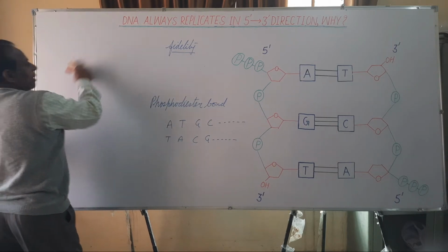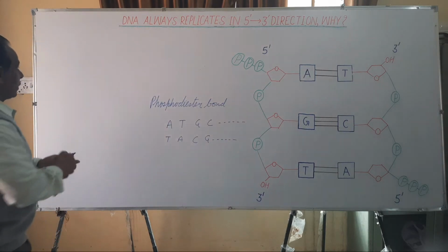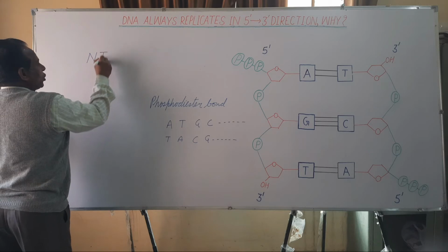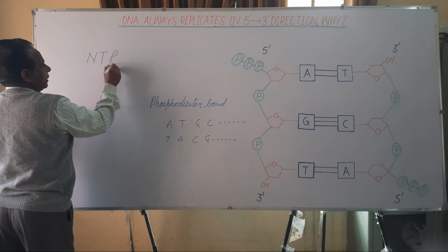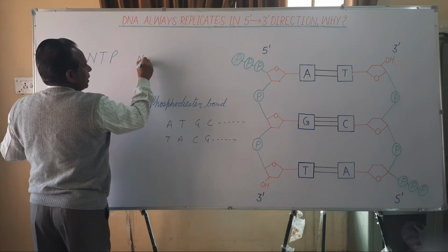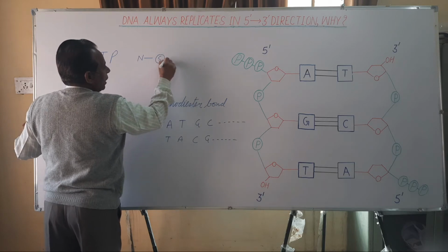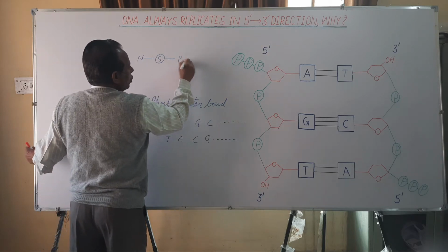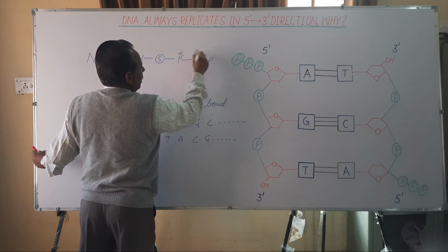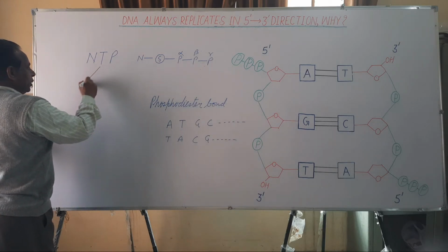In the process of replication, nucleoside triphosphate, NTP, consists of a nitrogenous base, deoxyribose sugar and 3 phosphate groups: alpha, beta and gamma. It serves a dual purpose.